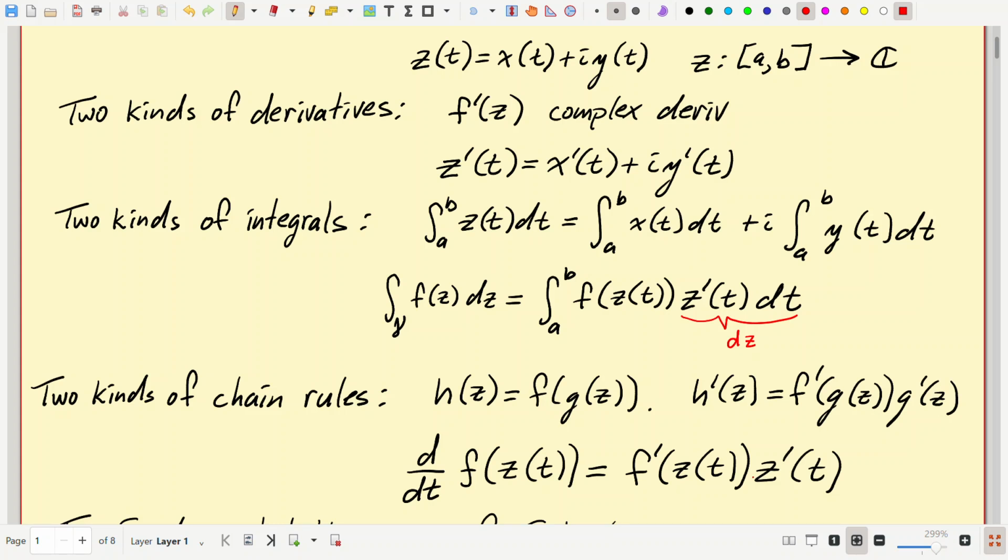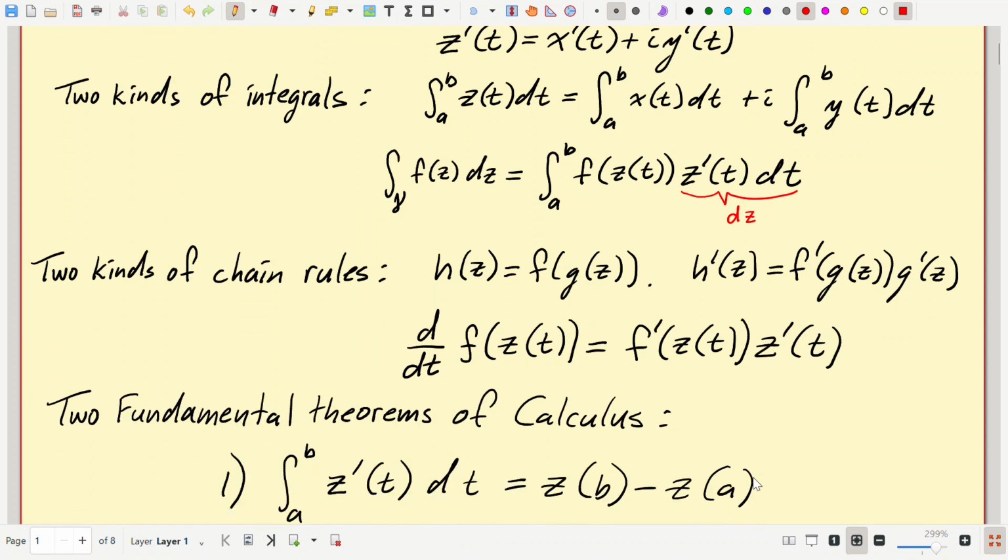If you differentiate that now as a complex function of a real variable, then you get an exactly similar chain rule, namely f prime of z of t times z prime of t. And those are two different kinds of derivatives. The f prime is the complex difference quotient definition of derivative, and the z prime of t is the new kind we've been talking about. Okay, that was a rather straightforward thing to do. I used the Cauchy-Riemann equations to do it.